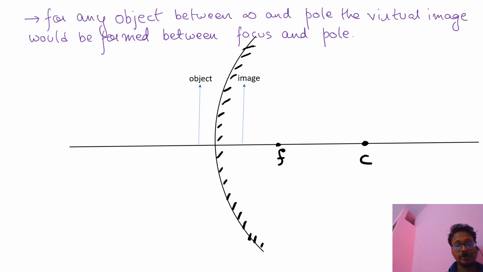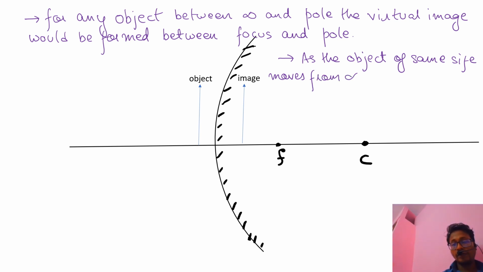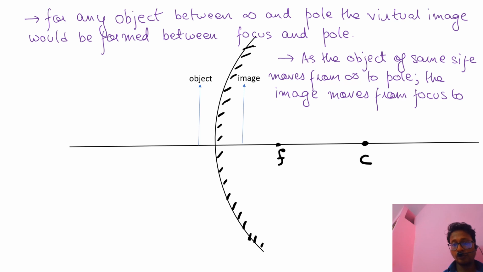The note is: as the object of same size moves from infinity to pole, the image moves from focus to pole with increasing size.